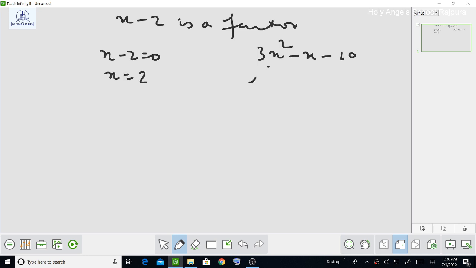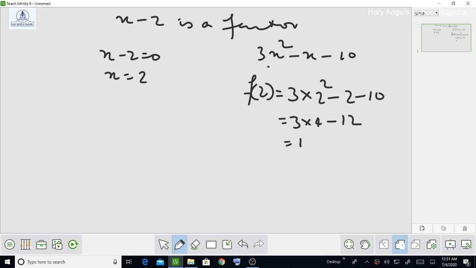Now, let us find f(2) is equal to 3 into 2 square minus 2 minus 10. That is 3 into 4 minus 2 minus 10, which is 12 minus 12 is equal to 0. The remainder we are getting is equal to 0.